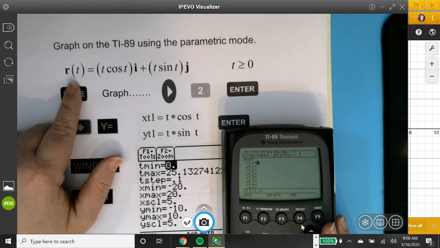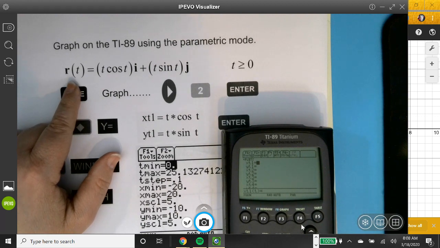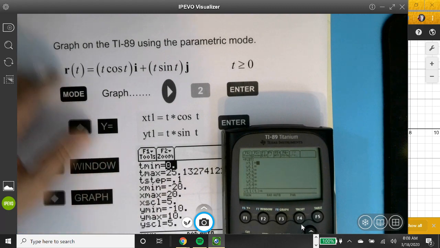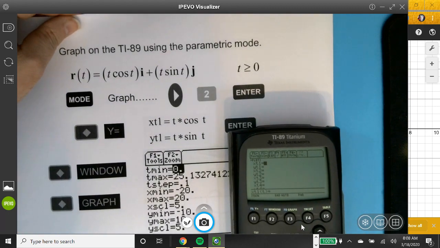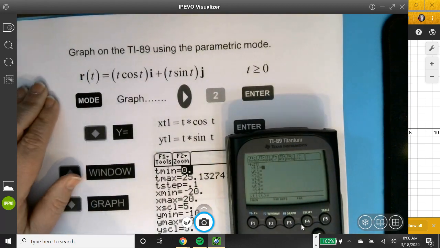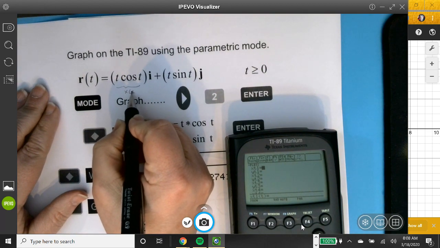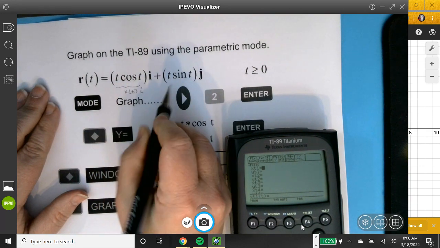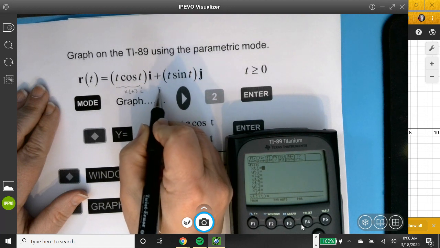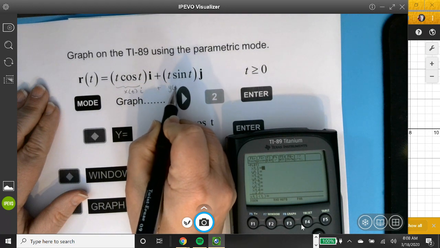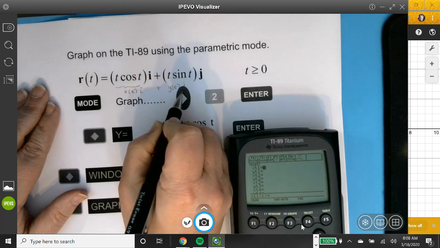Okay, so our vector valued function, which they define in calculus as r of t. Now, I don't really have an explanation as to why it's r of t versus x of t and y of t, except for the fact that oftentimes they'll define the x coordinate here as x of t times i, and then plus the y coordinate, which is y of t times j.